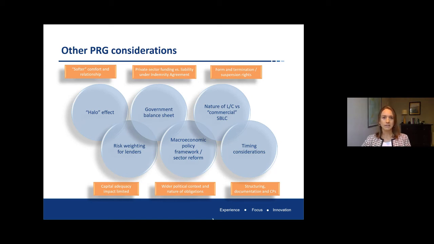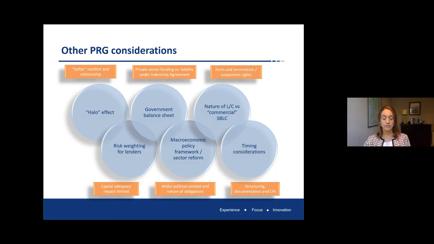And finally, timing considerations. Just again, a couple of points to note here for anyone looking at a prospective project that might use the PRG. I think there's 3 key points to touch on here. If you're looking to deploy the PRG in a country where it hasn't been used previously, you do need to bear in mind that there will be discussions between the World Bank Group and the host government, and potentially your off-taker in a power transaction, as to the overall structuring of the transaction and the contents of your indemnity agreement.